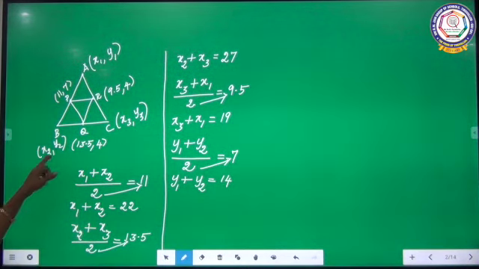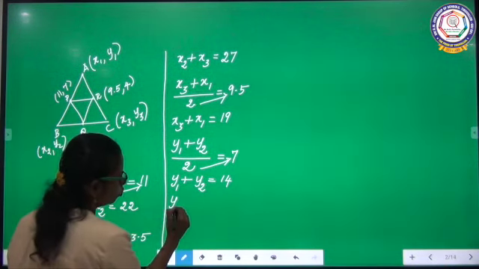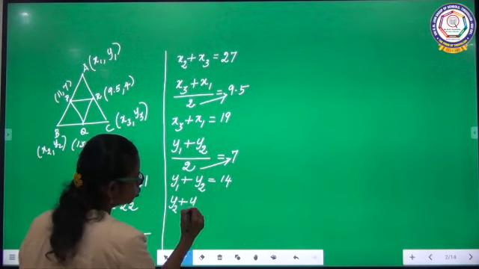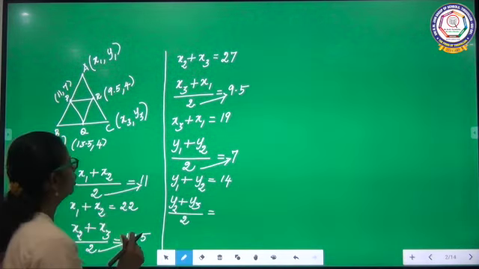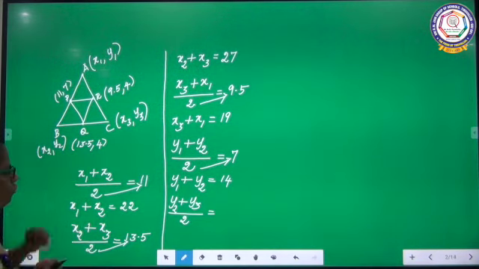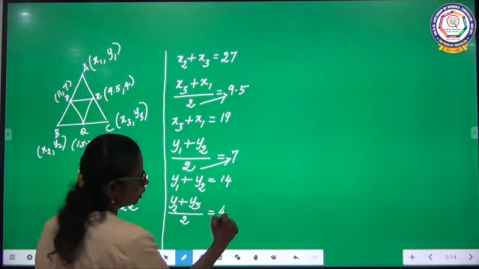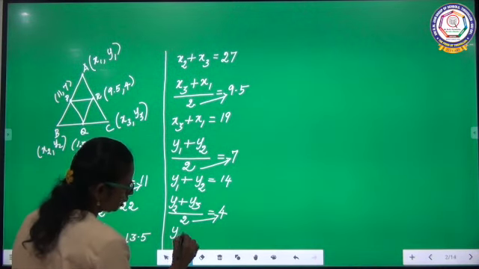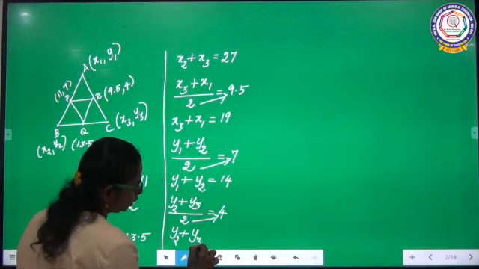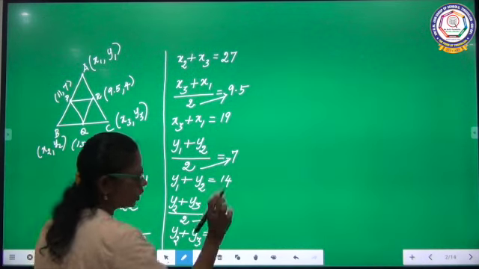The same way, (y2 plus y3) divided by 2 equals, here what is your ordinate? 4. So y2 plus y3 equals 8.